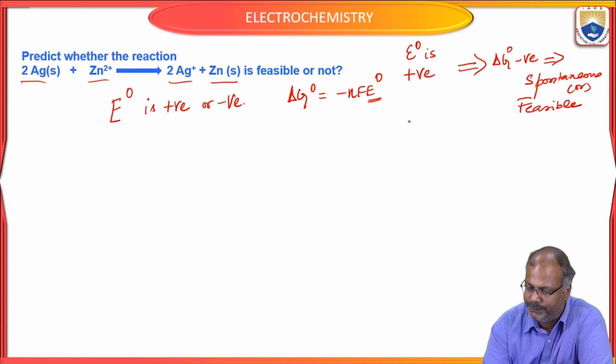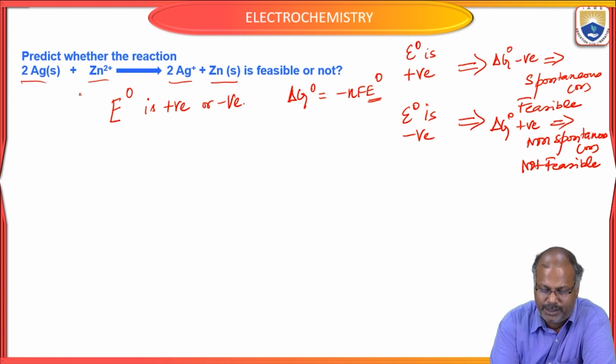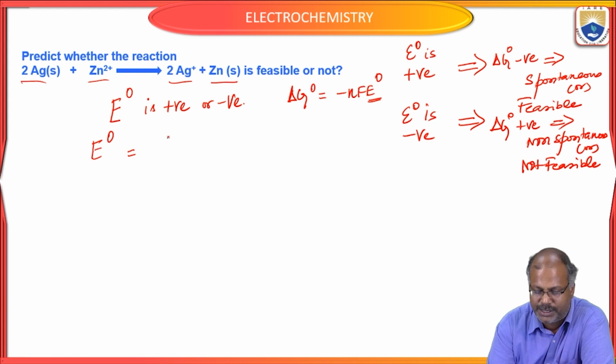If E naught is negative, then delta G naught is positive, then non-spontaneous or not feasible, reaction not feasible. So here, if you take what is undergoing oxidation, Ag, reduction is zinc.